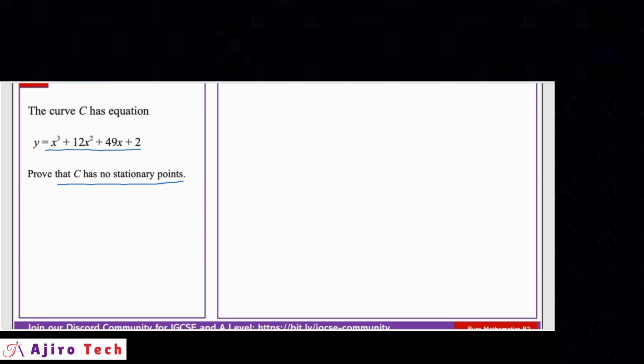And what do you know about stationary points? You need to know that at a stationary point, dy/dx will always be equal to 0. Stationary points are turning points.